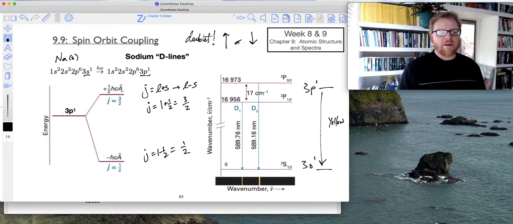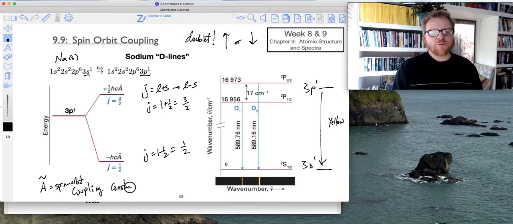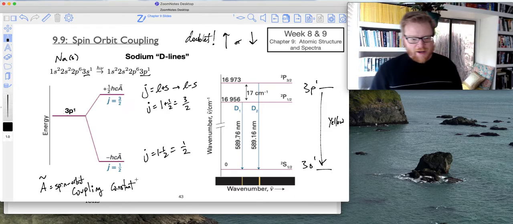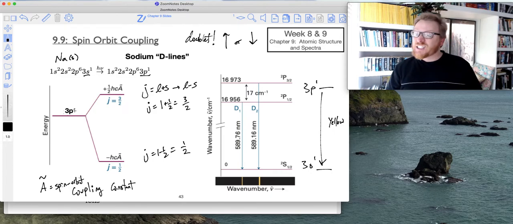And the spin orbit coupling is given by this equation, plus 1/2 hc A minus hc A, excuse me, A is the spin orbit coupling constant. And there's a formula for that constant, but I'm not going to worry about it so much, okay? And so what we see, because of these two possible spin states given by the doublet, the 3p1 level is split.